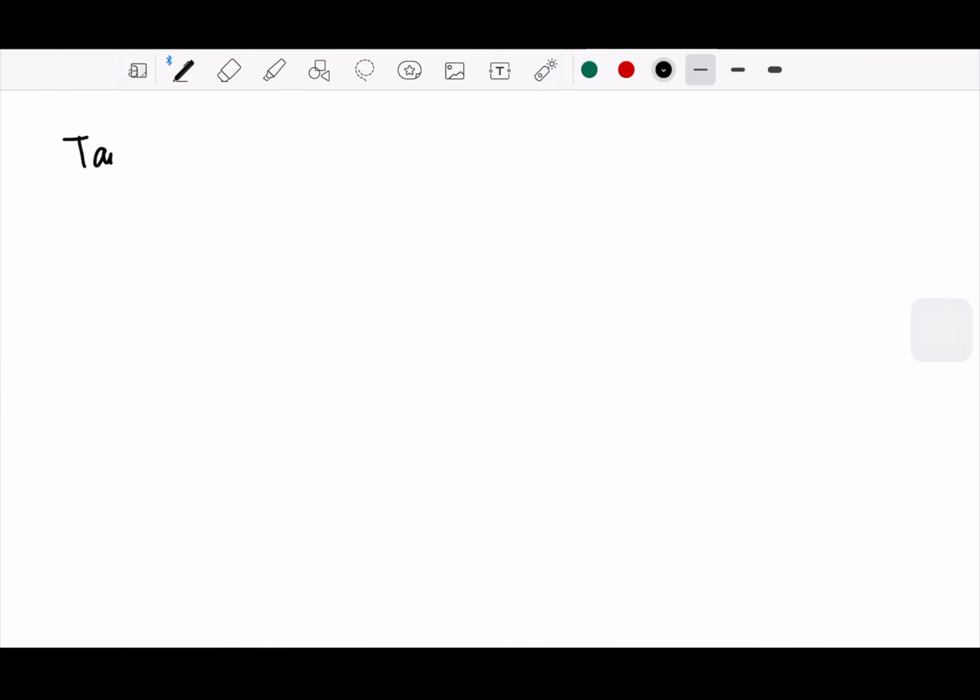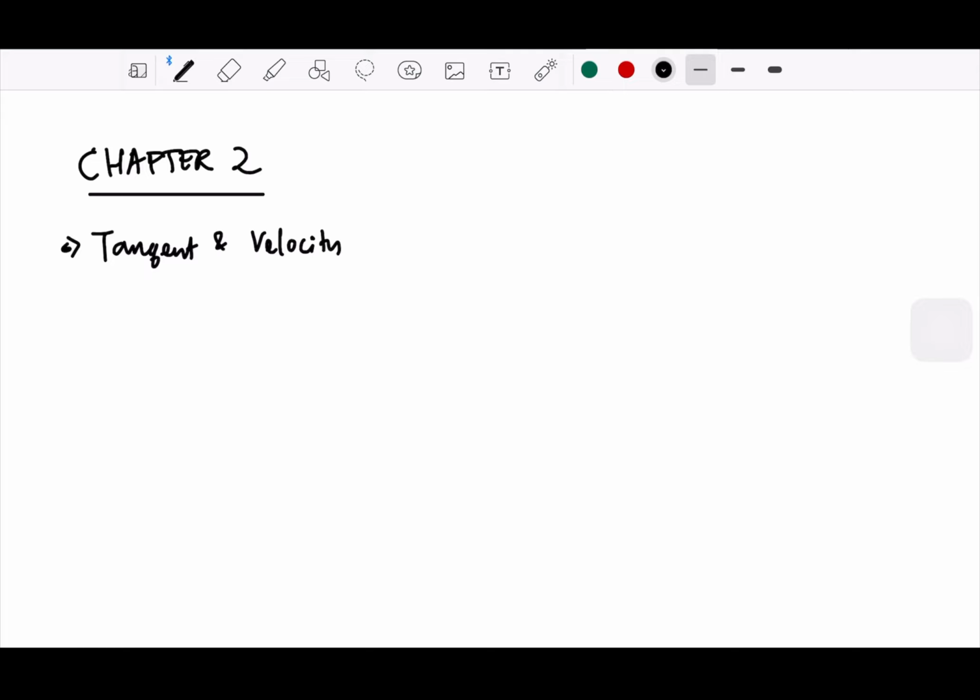So right here, this is chapter 2. We start with the tangent and velocity problems.